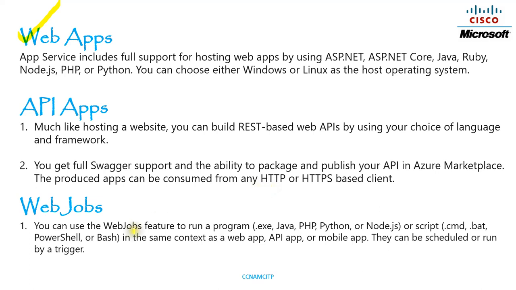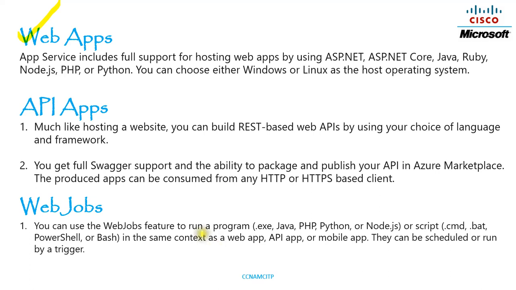And the third one is web jobs. So you can use the web job feature to run a program. So it is basically used to run certain programs like .exe, Java, PHP, Python, or Node.js, or script, or .cmd, .bash, PowerShell, or Bash in the same context as web apps, API app, or mobile app.